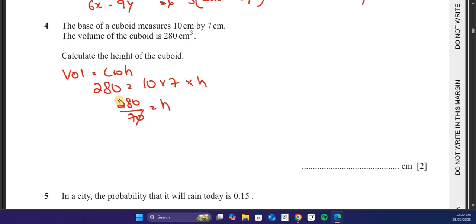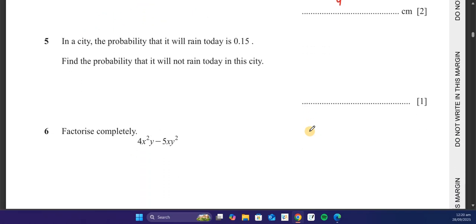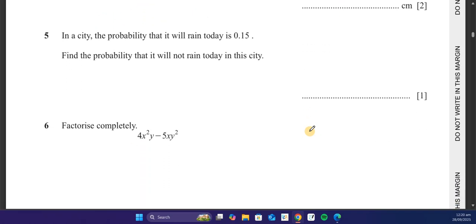And if we just simplify this, let me bring my calculator. That should give us 4. Perfect. Question 5. In a city, the probability that it will rain today is 0.15. Find the probability that it will not rain today in this city.